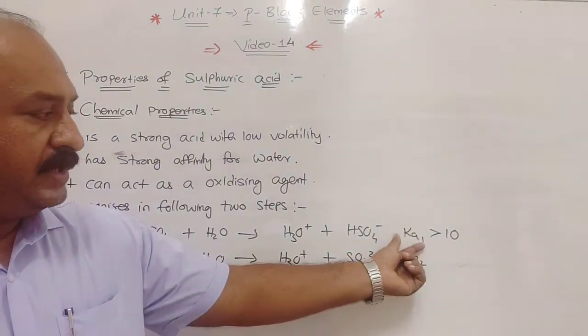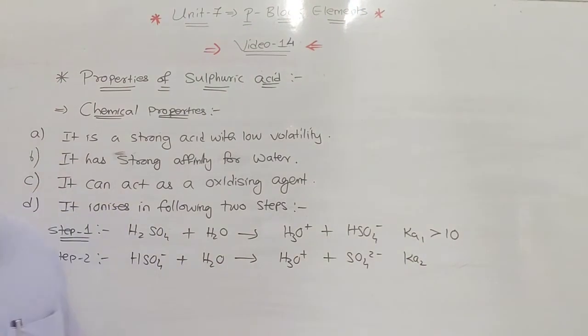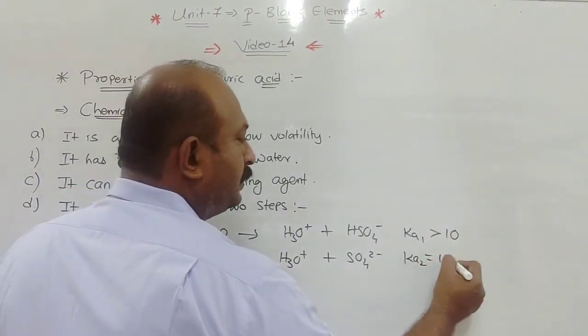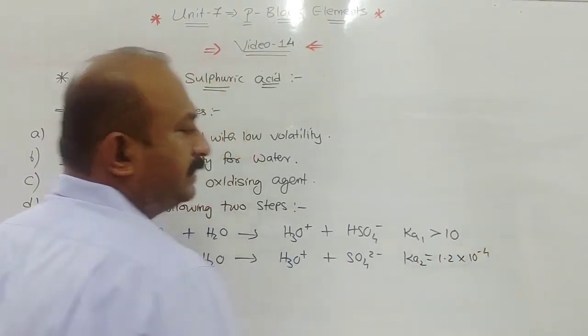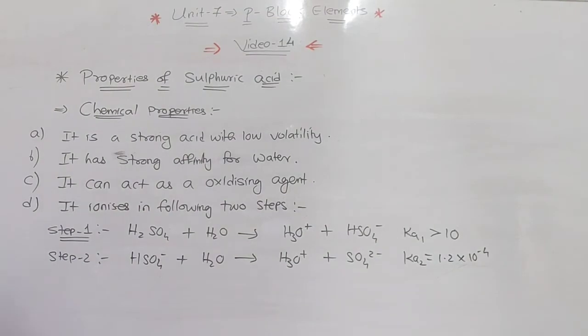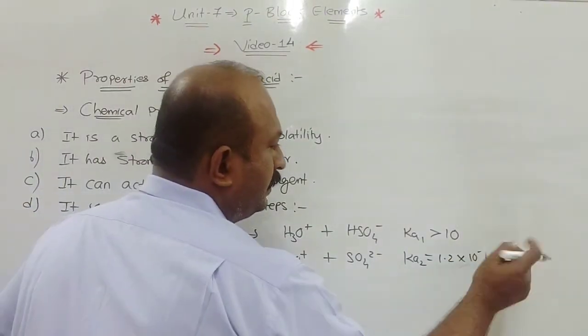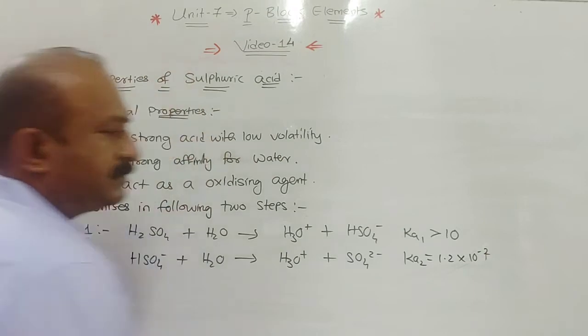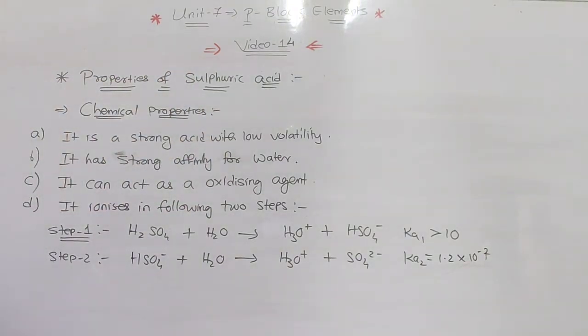When the second hydrogen is liberated, Ka2 is 1.2 into 10 raised to minus 2.